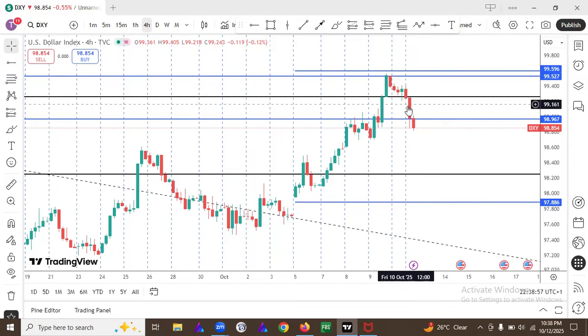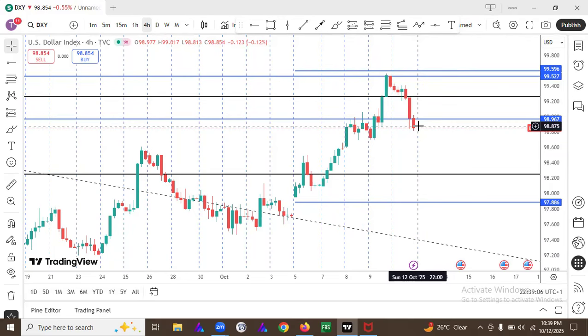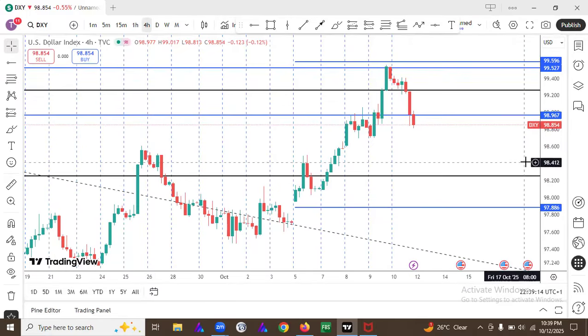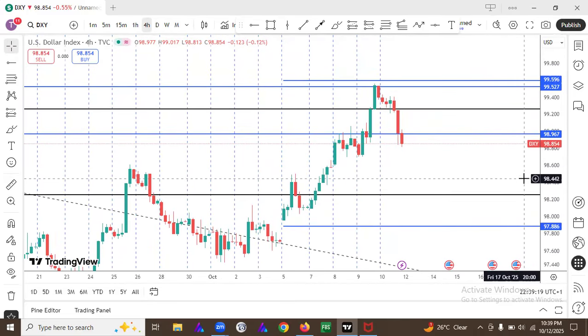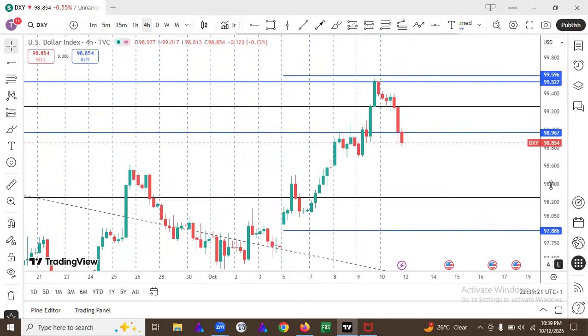If you have missed this move, you should expect price to retrace back to at least equilibrium, or back to premium, before you consider selling.